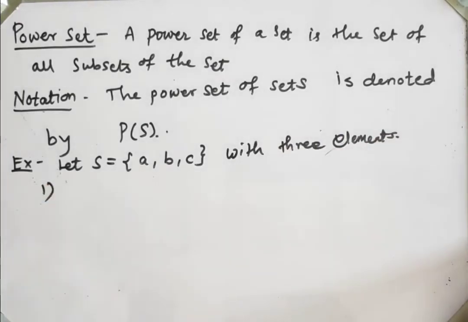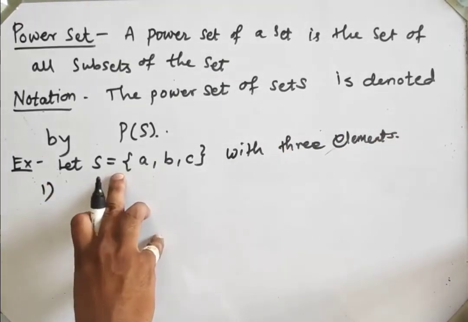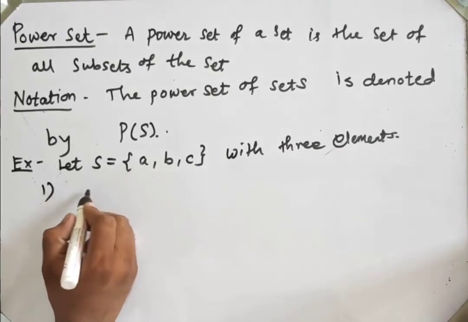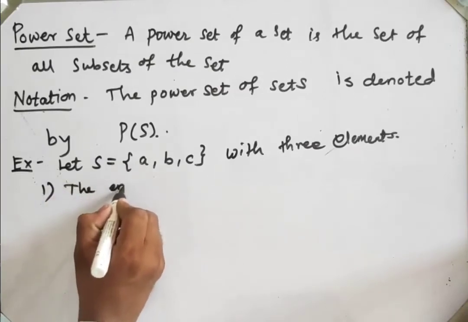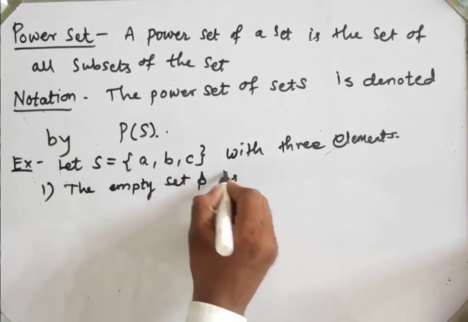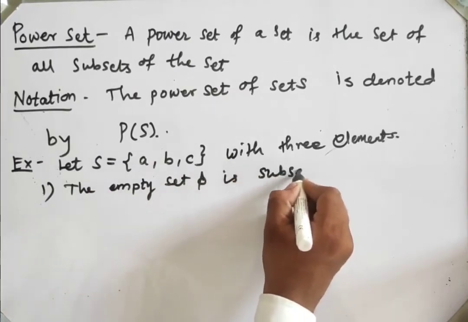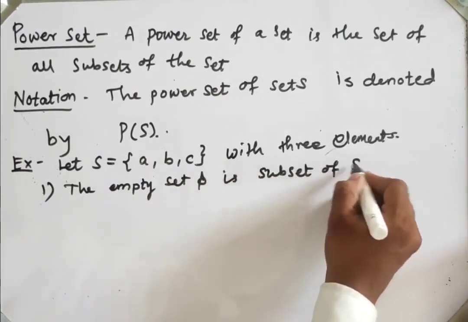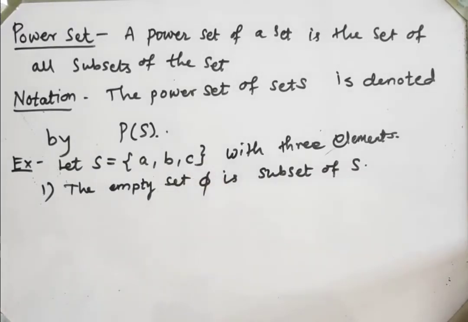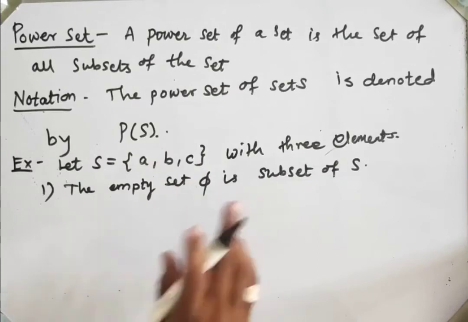Then we have, every set has the empty set as a subset. So phi is the empty set. The empty set phi is always a subset of S. We have seen in the previous video that the empty set is always a subset of every set.